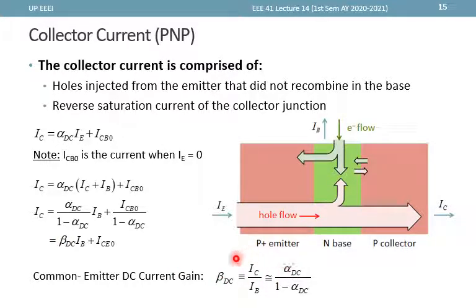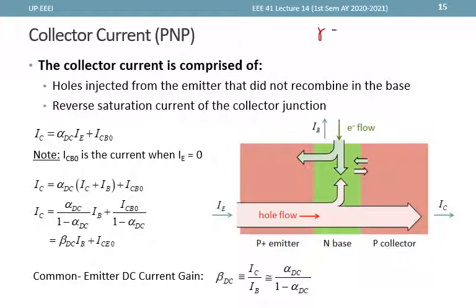Okay, and that is approximately the ratio of IC and IB, assuming that this ICB naught is negligible or very small relative to the other currents in the device. We can actually lump this ICB naught over 1 minus alpha DC as this term ICE naught.